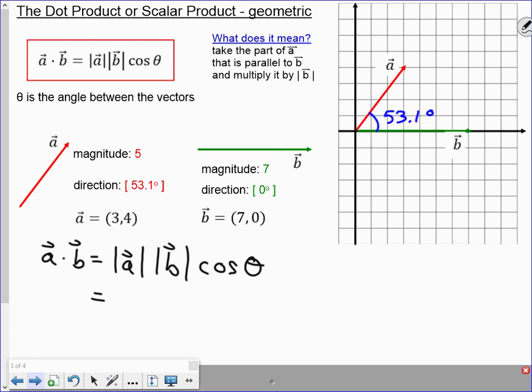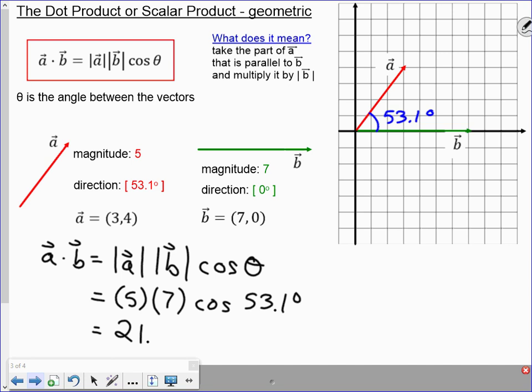We know that the magnitude of A is 5. The magnitude of B is 7. The angle between them, and they're placed tail to tail, because we always want the angle when they're placed tail to tail, is 53.1 degrees. And we just punch this into our calculator, and we end up with 21. So the dot product, A dot B, is equal to 21. Scalar product, because our answer here is a simple scalar.